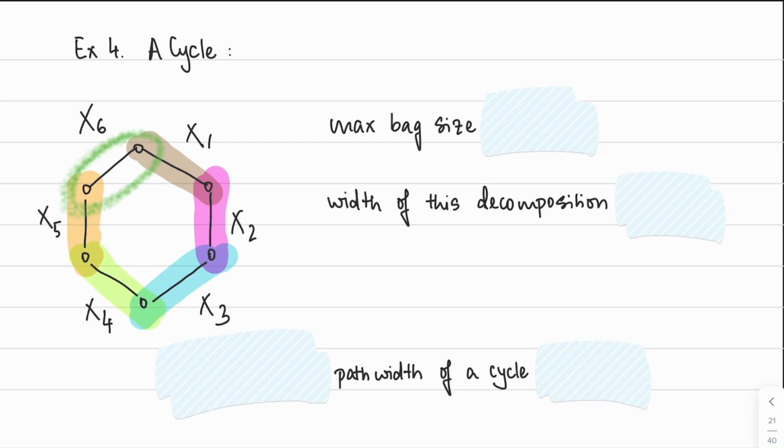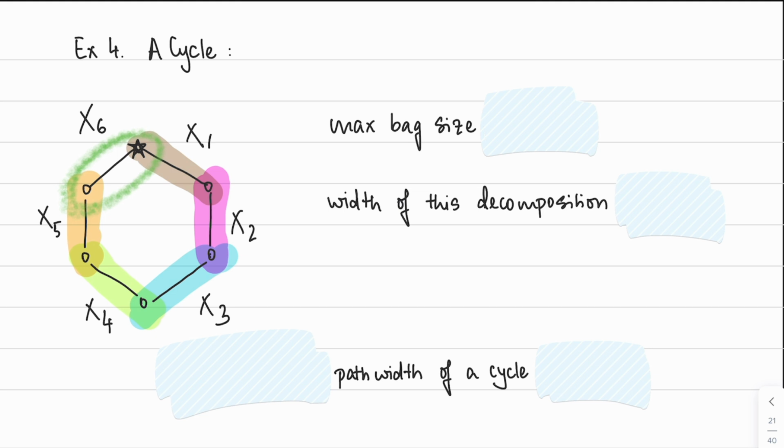Well, the problem is that if you look at all the bags that contain the first vertex, that's going to be x1 and x6, and that unfortunately does not form a subinterval of x1 through x6. So if we had to satisfy property C, which is by the way satisfied for all the other vertices that we have here, all the other vertices appear in consecutive bags, okay?